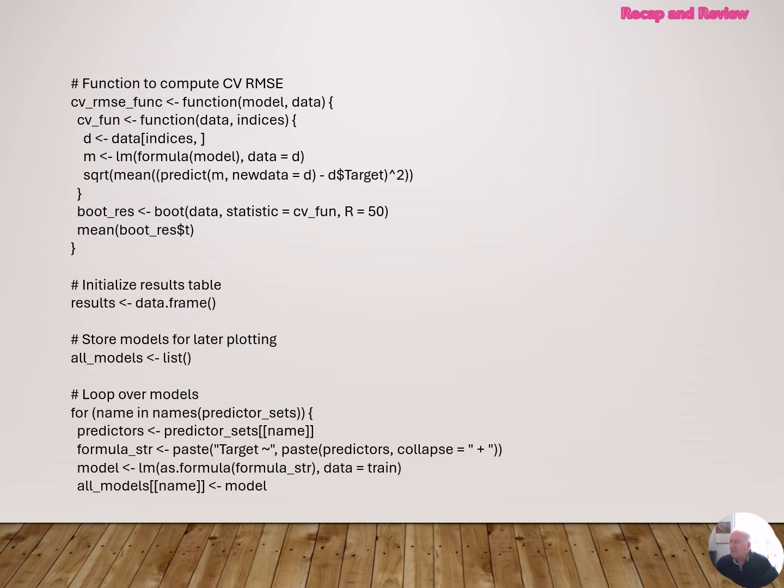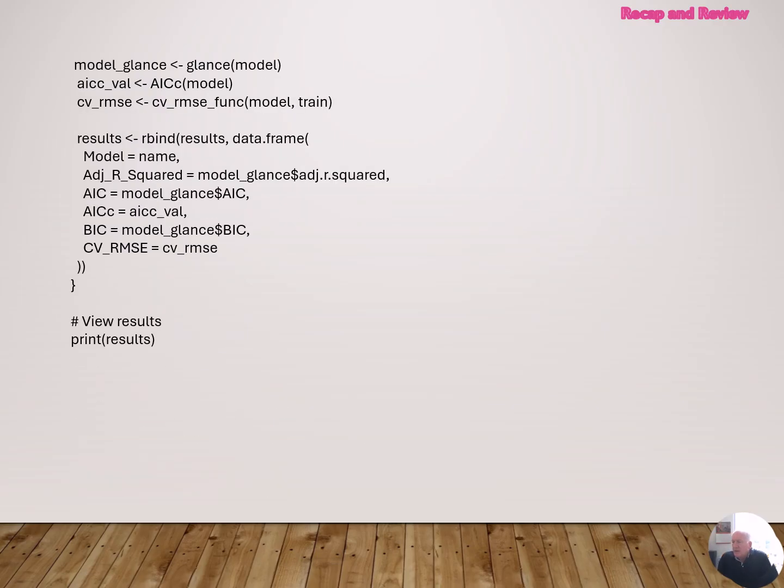And then we stored the models, and then we looped over the models for the different predictor sets. And then we used glance to compare all the model simulations and wrote out the results, and also viewed the plots and the results.